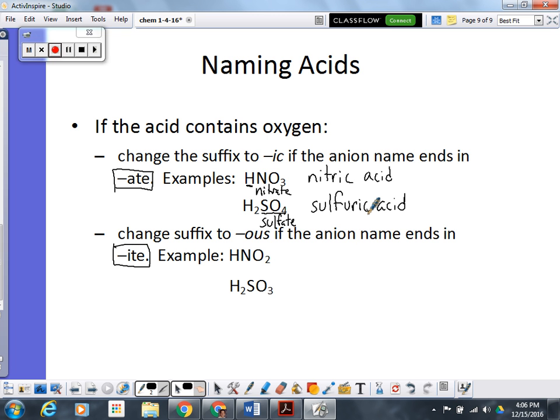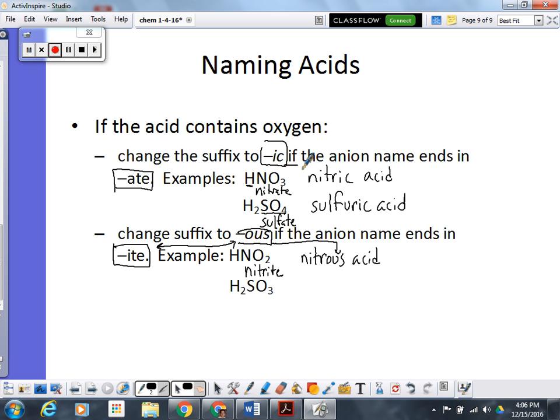It works the exact same way for ITE endings, but instead of using ic as the suffix, you use OUS. So if you look on your chart, NO2 is nitrite, which means that as an acid, this would be nitrous acid. OUS, because the ending of the ion is ITE.